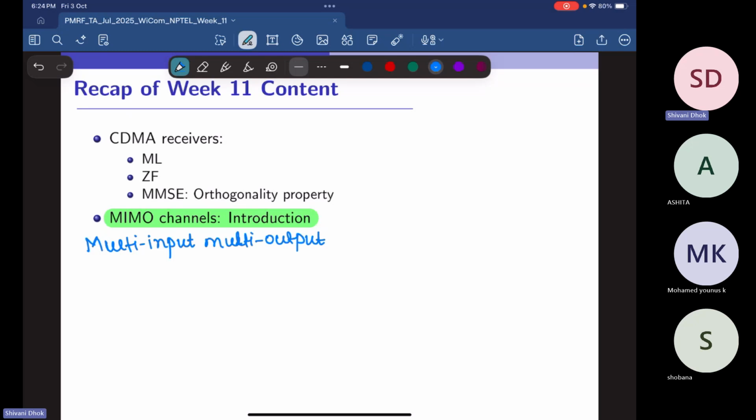What we are interested in is having multiple antennas at the transmitter. So we have 1, 2, up to NT, let's say this is I. And we have multiple antennas at the receiver.